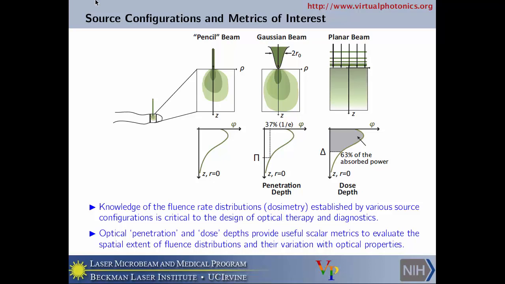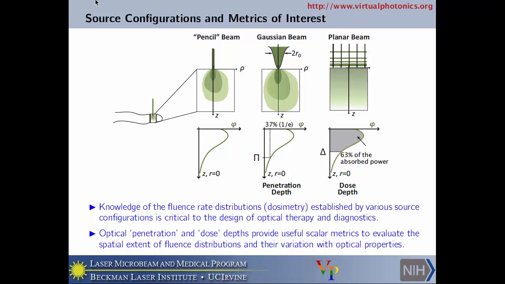So I define capital pi as mu effective times whatever z value, I'll just call it z sub p for the penetration depth. And I define the dose depth, capital delta, as mu effective times z sub d, which is the dose depth.